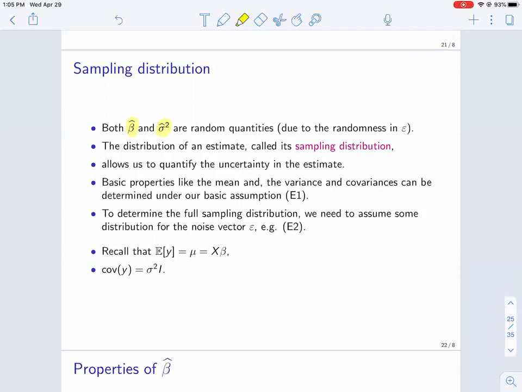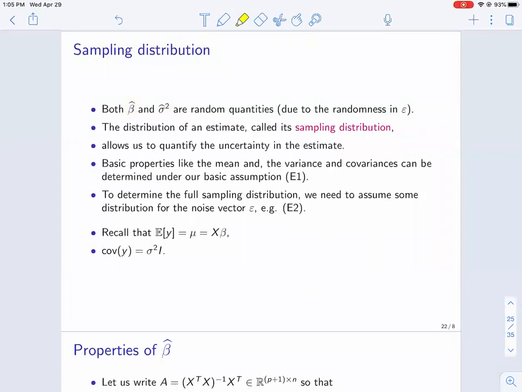For example, when they say sampling distribution of beta hat, it means that they talk about the distribution of beta hat under your model. If we can compute these sampling distributions, or information about them, then we can quantify the uncertainty in our estimates. So the variance of that distribution, for example, gives you some idea about how variable that estimate is.